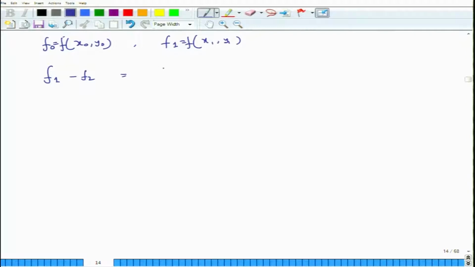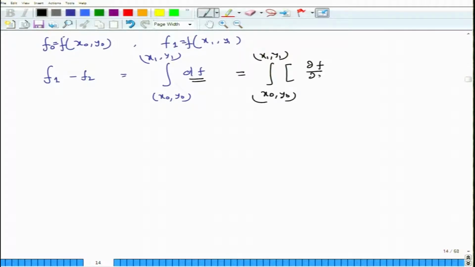So, this can be evaluated by integrating df from x0, y0 to x1, y1. Now, we can write this in partial derivative form as follows: ∂f/∂x at constant y dx plus ∂f/∂y at constant x dy.